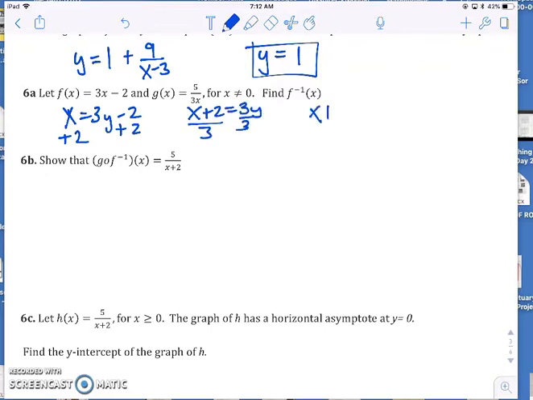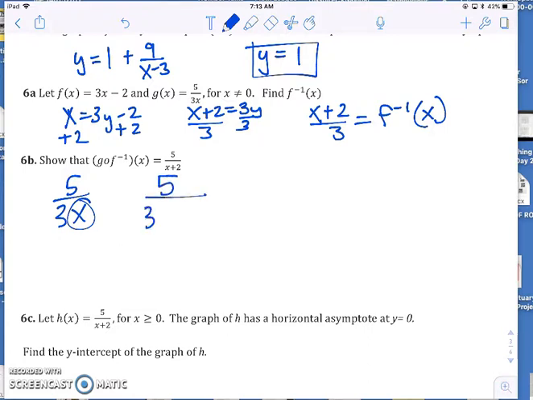So we have x plus 2 over 3 equals our inverse. Show that g of the inverse of x equals 5 over x plus 2. So we have 5 over 3x, but we're going to replace our x there. So 5 over 3 times (x plus 2) divided by 3. So we have 5 over x plus 2.